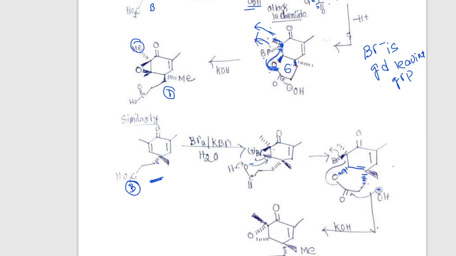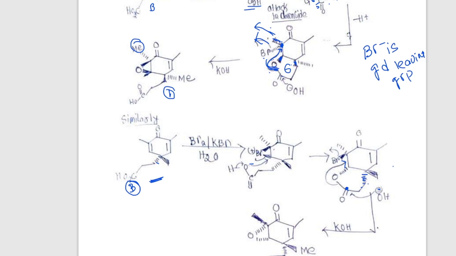Then whenever OH minus attacks this carbon, the C=O double bond carbon, this bond attacks from the downside because this six-member ring is on the downside. So because the six-member ring is on the downside, the attack happens from the downside.